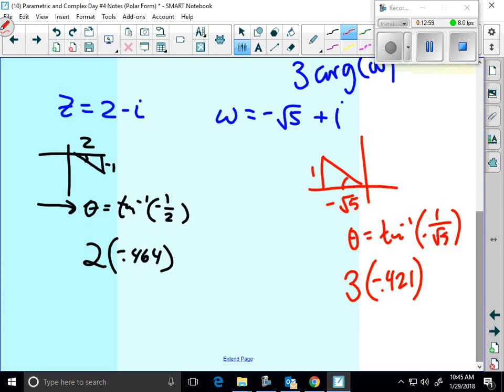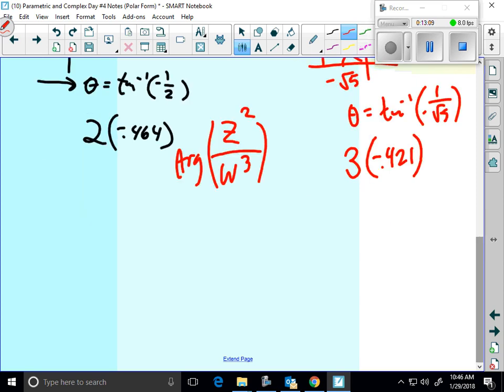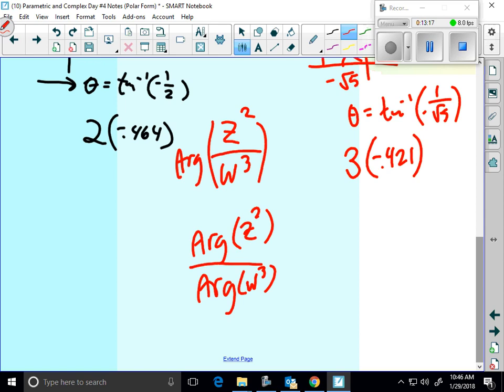Okay, and if I want the argument of z squared over w cubed, I'm just going to take the argument of z squared over the argument of w cubed, which would be whatever that is, negative, let's just leave it in this form, over negative this.